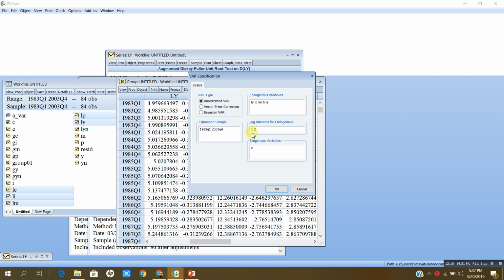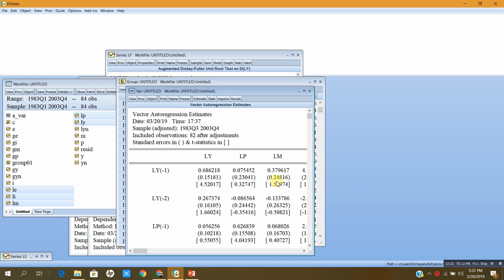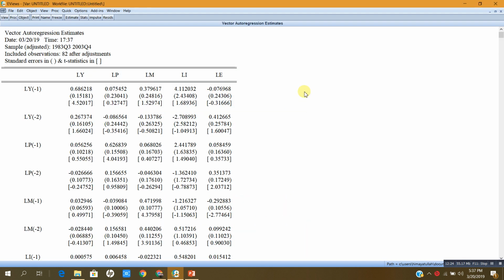Press OK, and this is my vector auto regression estimates. Now these are ly, lp, lm, li, and le, and these are the other variables in first lag and second lag.